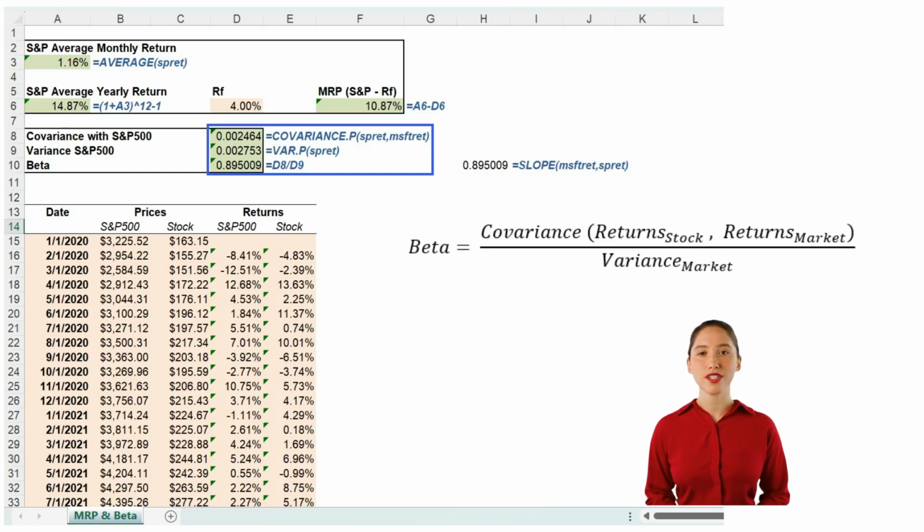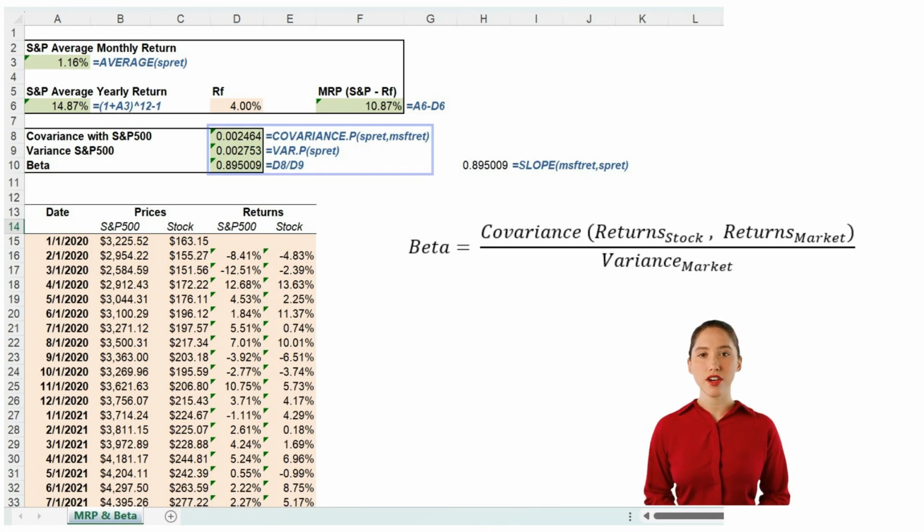In cell D9, you can then compute the variance of the market returns using the Excel command VAR.P. You may replace the .P with .S if you would like to acknowledge that you are working with sample data instead of the entire population data, although this distinction becomes less relevant the larger our sample is. Finally, in cell D10, you can obtain the beta by dividing cell D8 by cell D9.